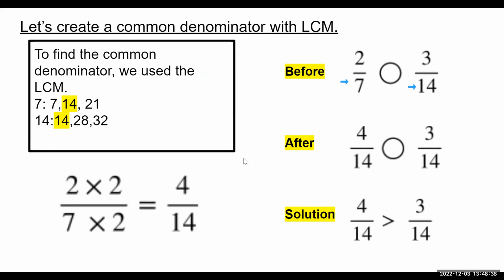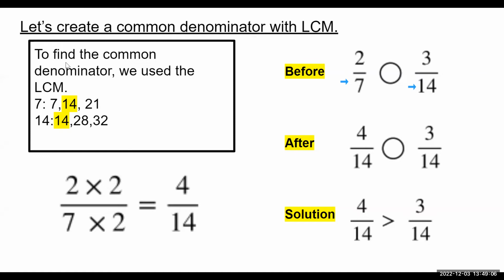They can quickly identify the relationship between 7 and 14 and figure out how to change that fraction to have the same denominator, or they can do it what we call the old school way, and write out their multiples. LCM stands for least common multiple, and that helps us identify a common denominator that we could use.